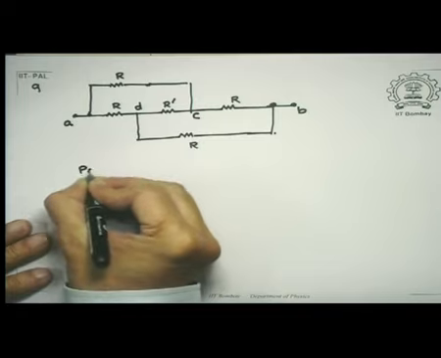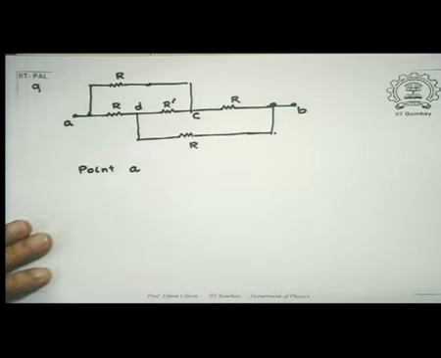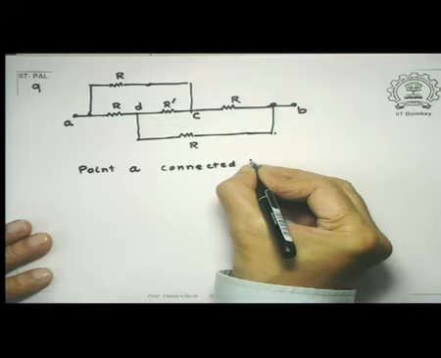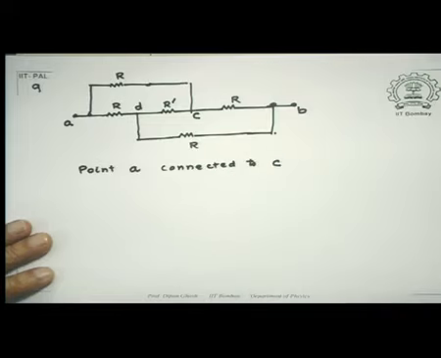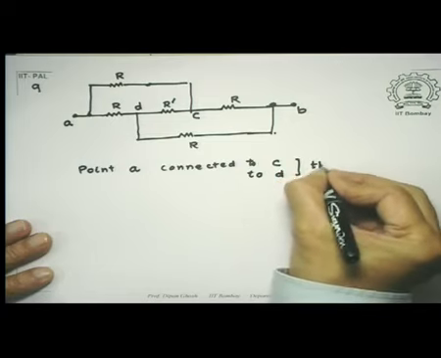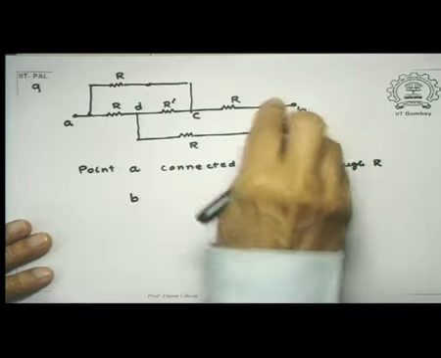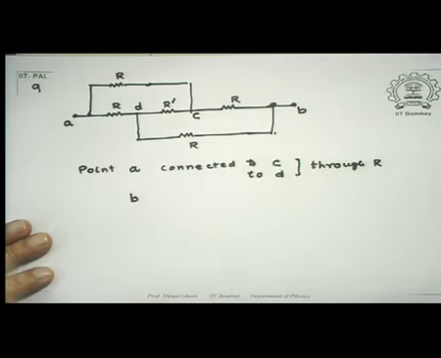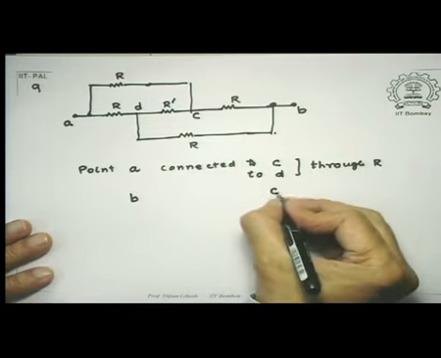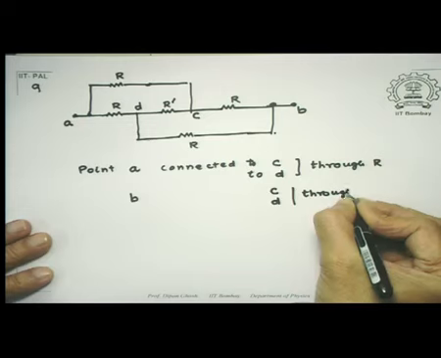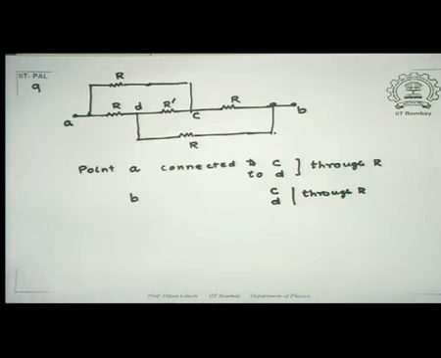My point A is connected to C through a resistance R and to D through a resistance R. The point B is connected to C through a resistance R. Again, it is connected to D through a resistance R. And CD are connected by a resistance R prime.